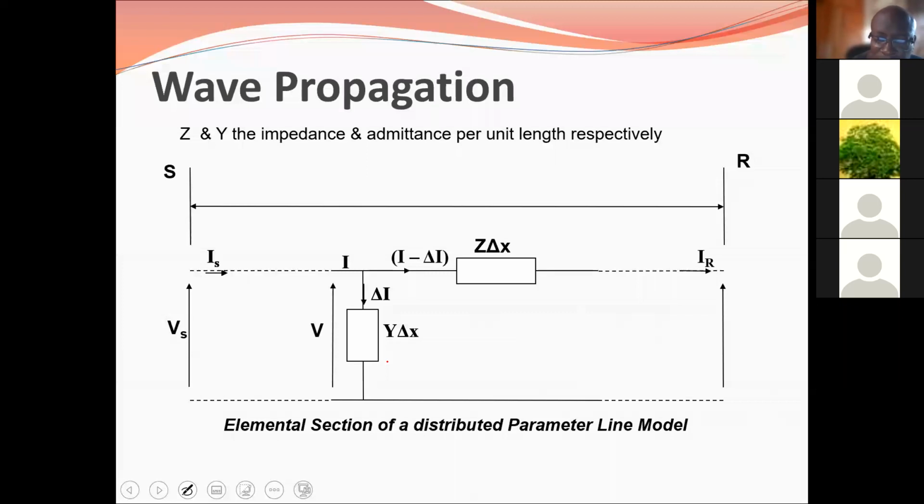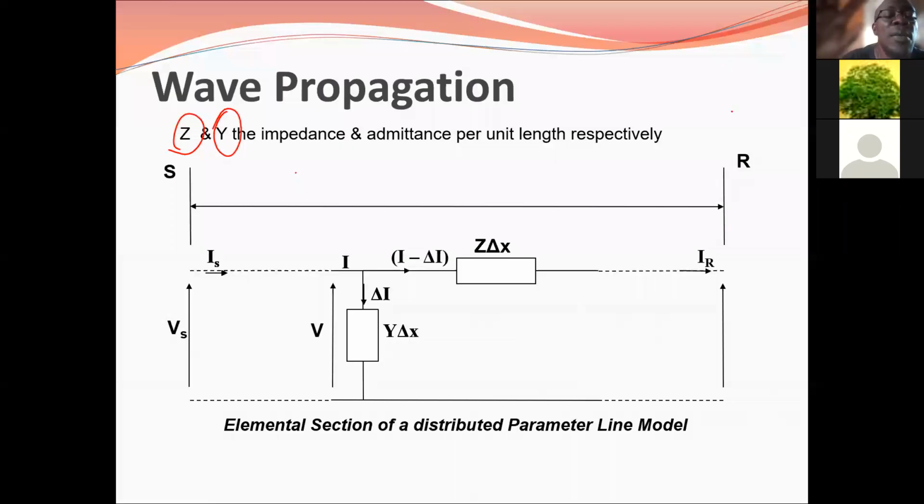Therefore, the impedance, which we're representing as the series element, is Z times an elemental portion of X, right? So this just means the change of X over a particular length, the bit of X, delta X.